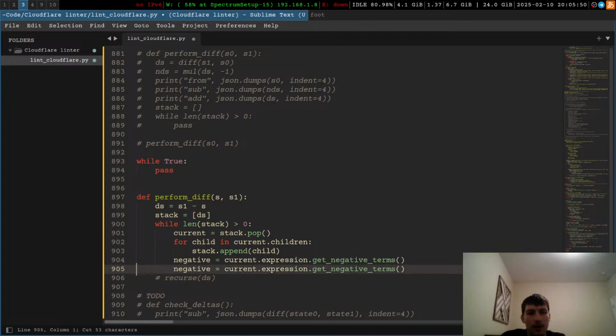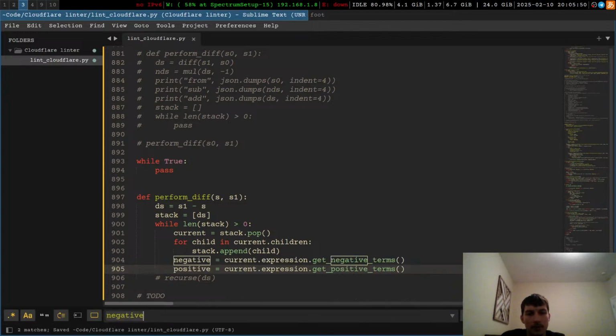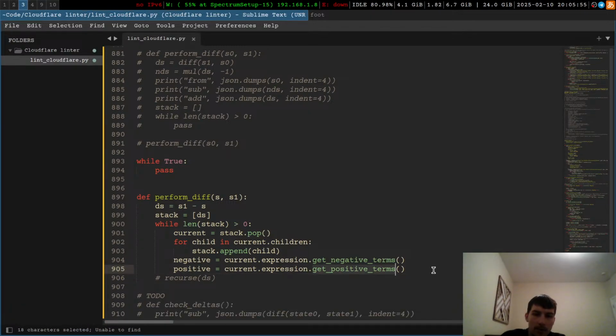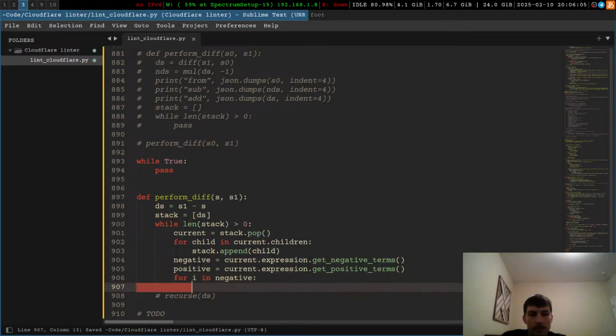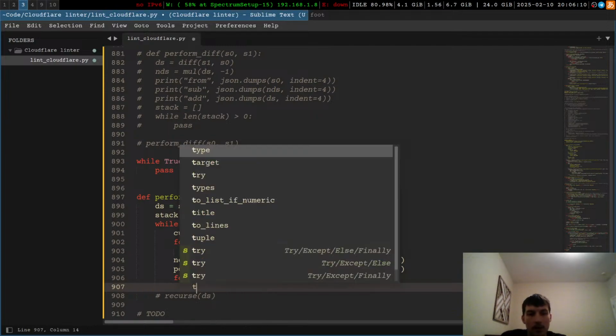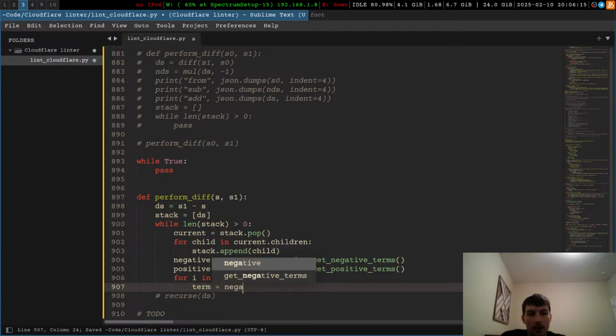And then we have positive, which gets the positive terms. And then we just say, okay, well, for I in negative, term equals negative I.